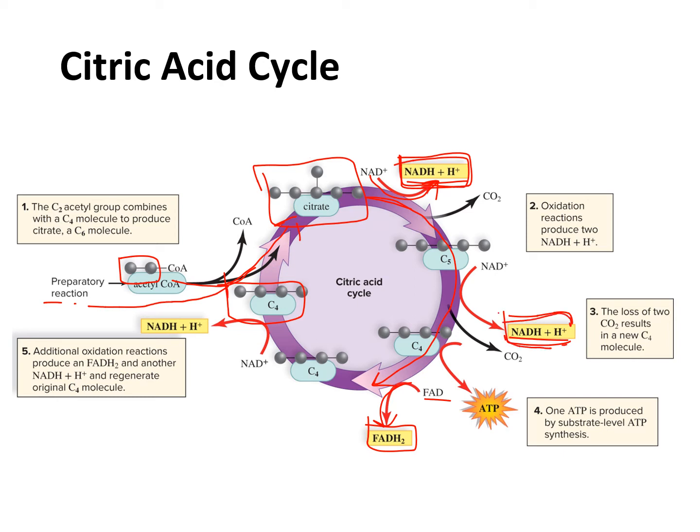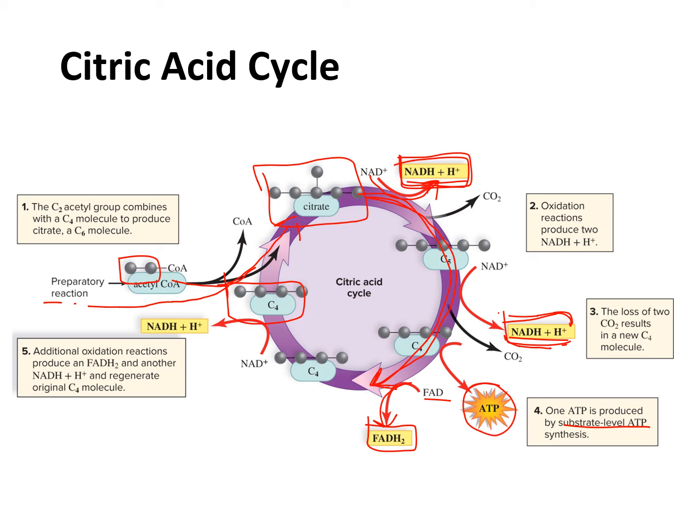And also during this process, ATP will be formed, and ATP is going to be formed by that substrate-level phosphorylation. And again, that is where an enzyme is going to add a phosphate group to an ADP molecule. So this is how the energy is being removed during the citric acid cycle.